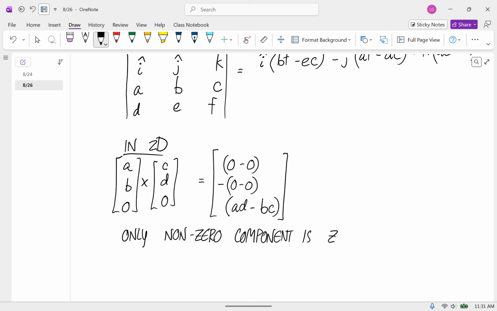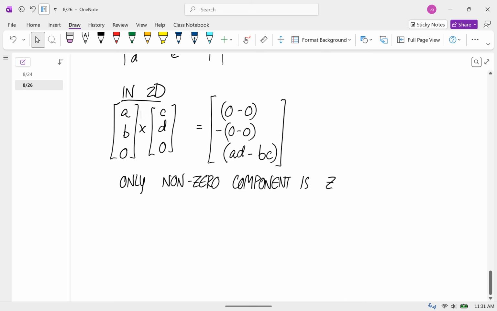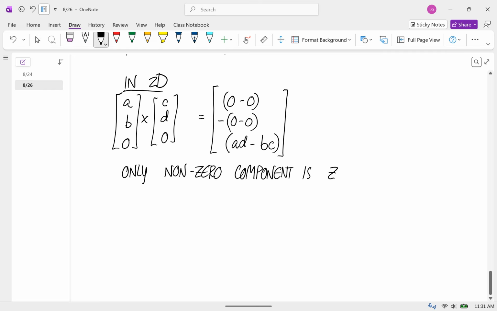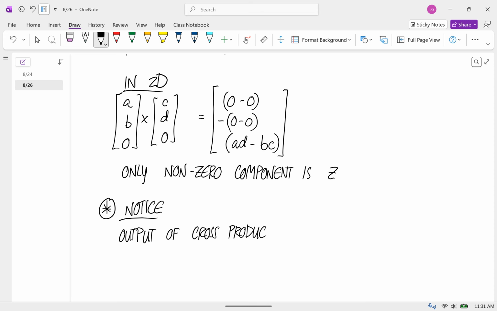There's a physical, intuitive reason for that, and that is that the output of the cross product is always perpendicular to both input vectors.